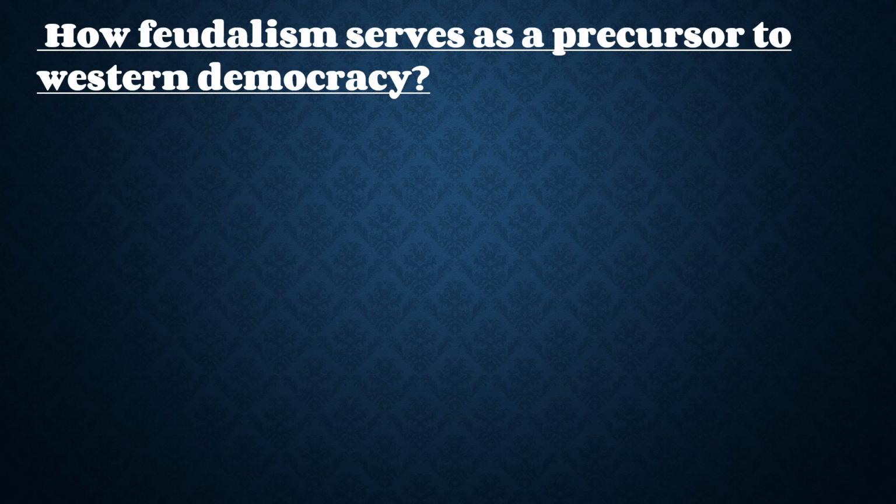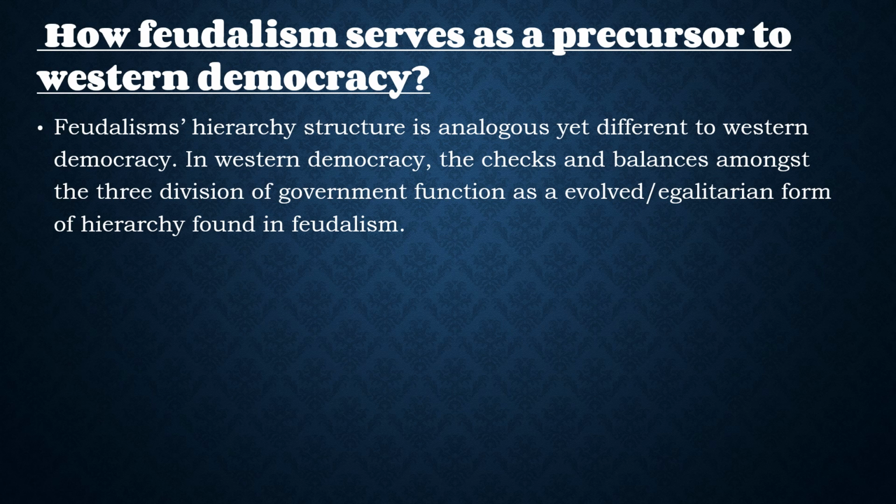Let's see how feudalism serves as a precursor to Western democracy. Feudalism's hierarchy structure is analogous yet different to Western democracy. In Western democracy, the checks and balances amongst the three divisions of government function as an evolved, egalitarian form of the hierarchy found in feudalism.